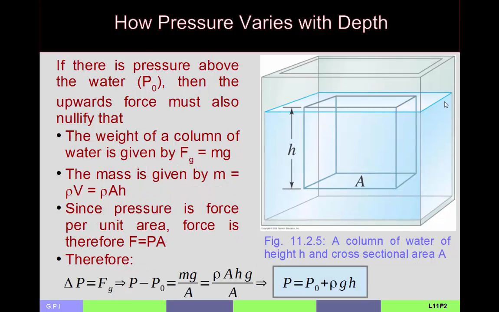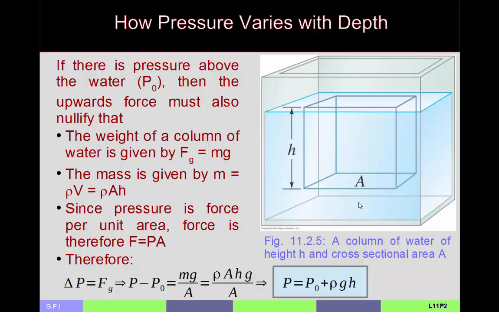Well, if there is pressure above this cube, then that upward force that is below it must nullify that pressure as well. All right. The weight of a column is mg, that's h times A times rho times g. And pressure is always going to be force per unit area.